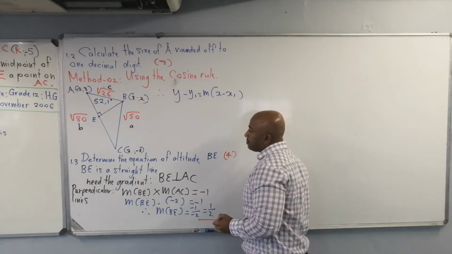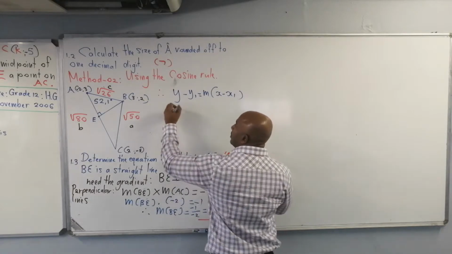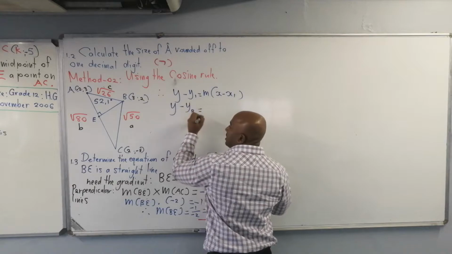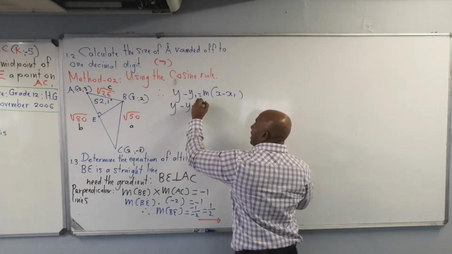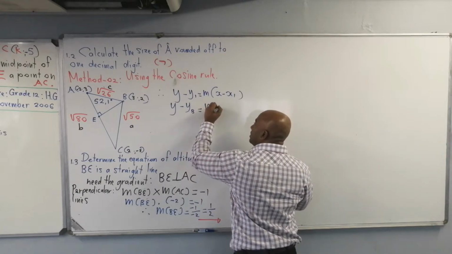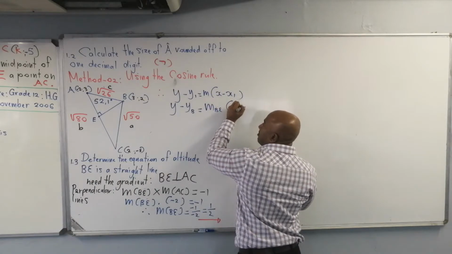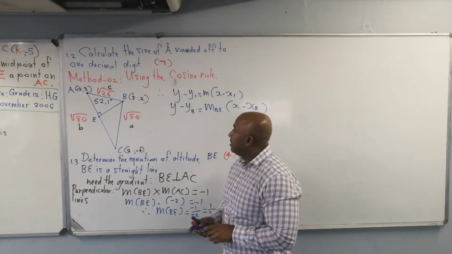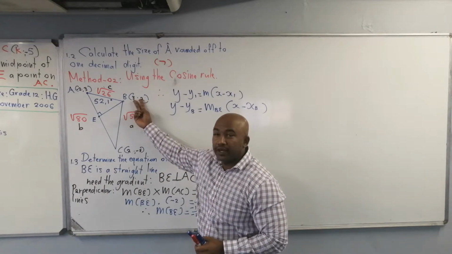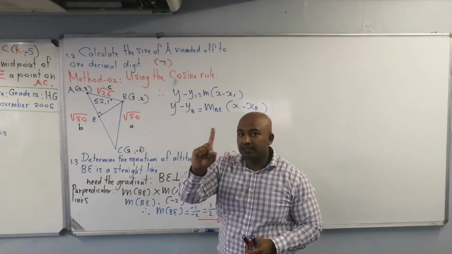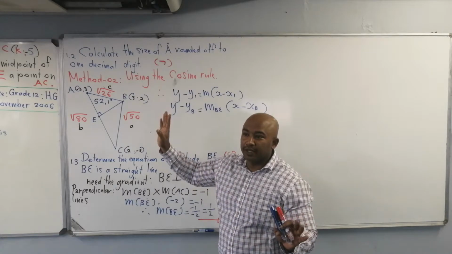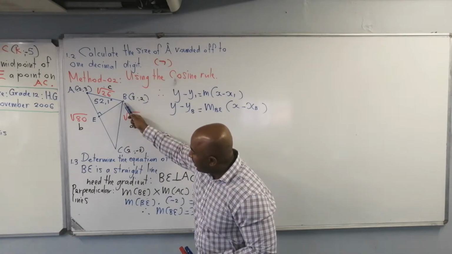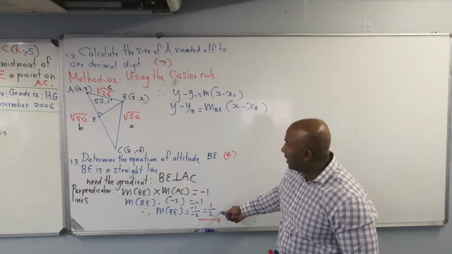Right, so I'm going to go y minus yB is equal to m of BE into x minus x of B. I'm just being more specific. We have a point on the straight line. All you need is 1 point. If you have 1,000 points, you choose any one, it must work. So we have a point and we just worked out the gradient.